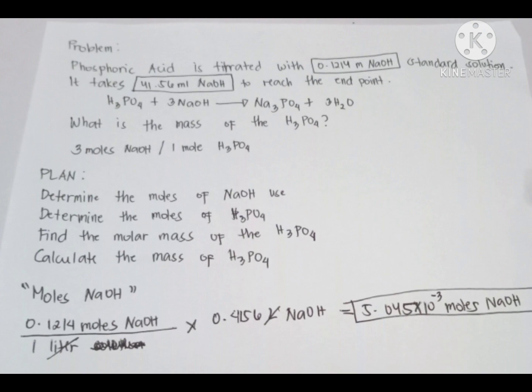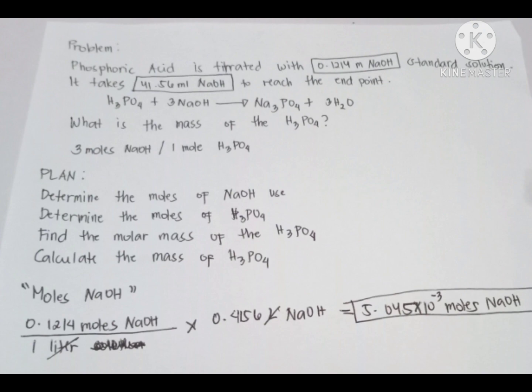All we have to do is multiply that by 41.56 ml of sodium hydroxide. But we need to change the ml to liters. So, we're gonna move the decimal point to the left. So, it will become 0.04156 liters of sodium hydroxide.